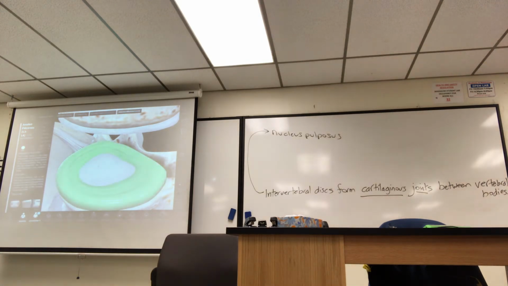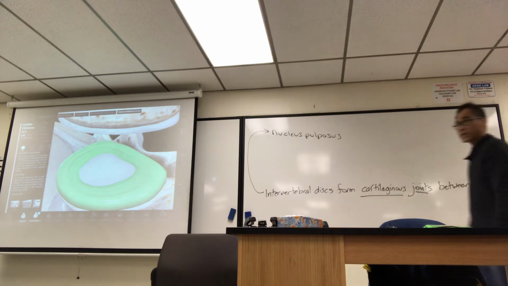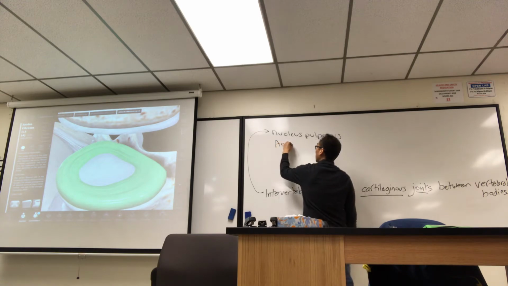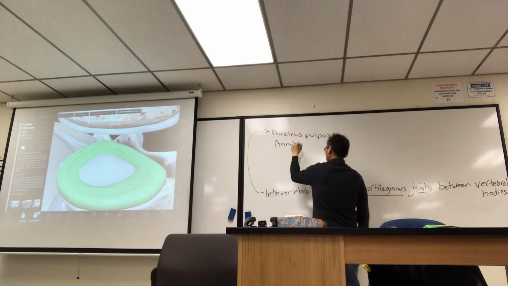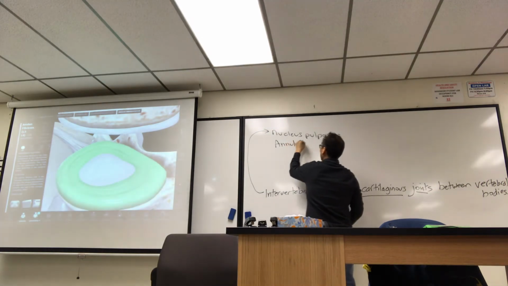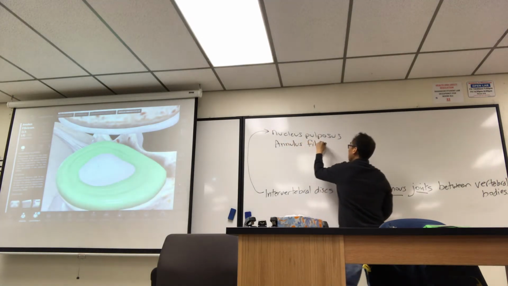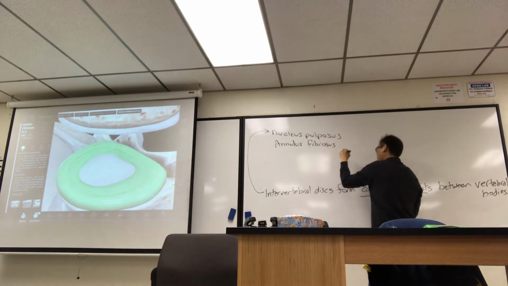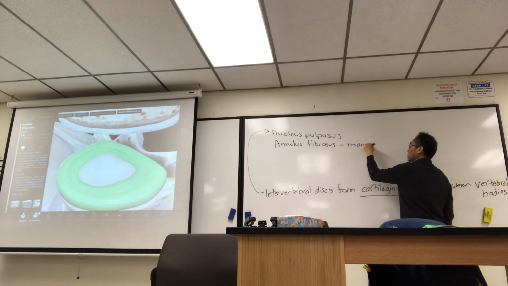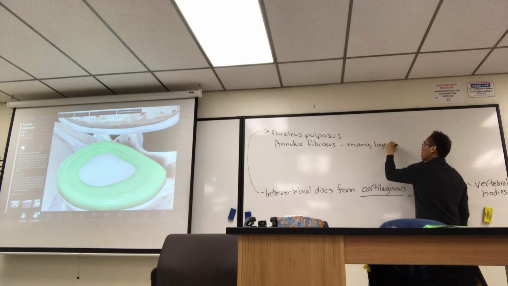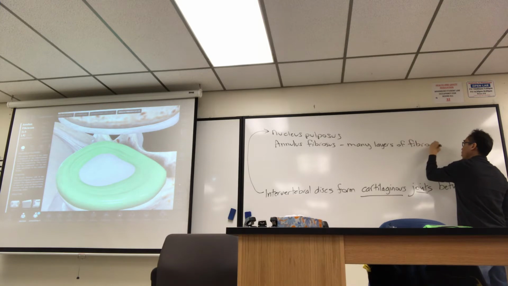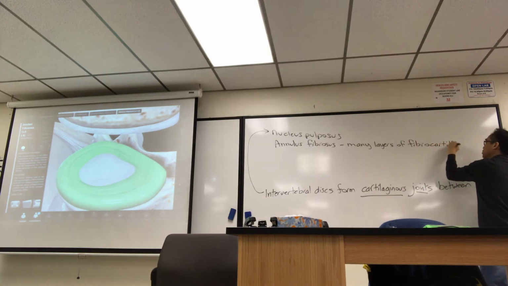We studied that in histology because it's the best example of fibrocartilage I know of. So the annulus fibrosus is many layers of fibrocartilage.